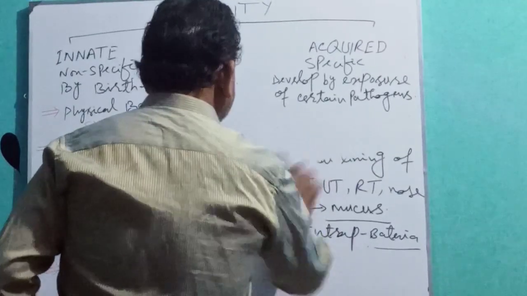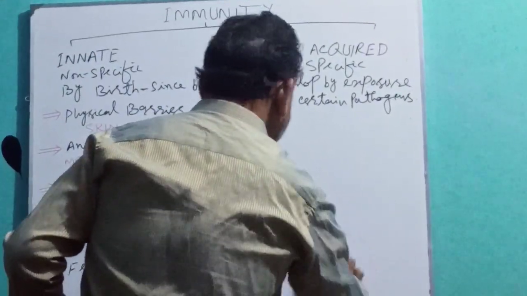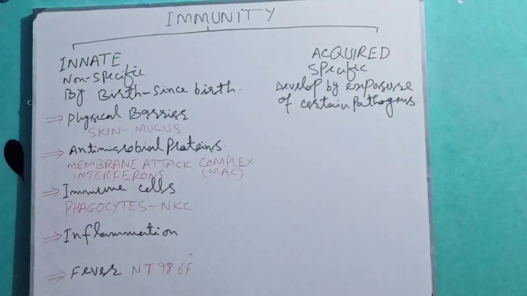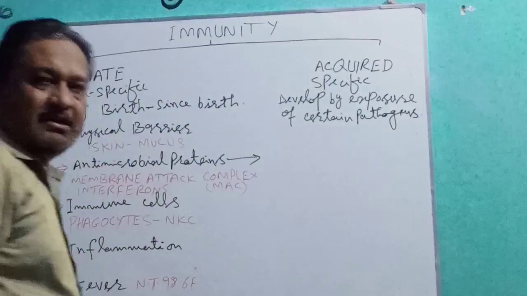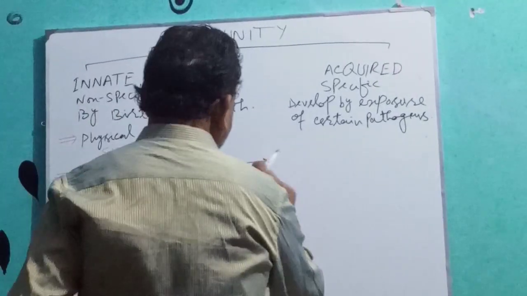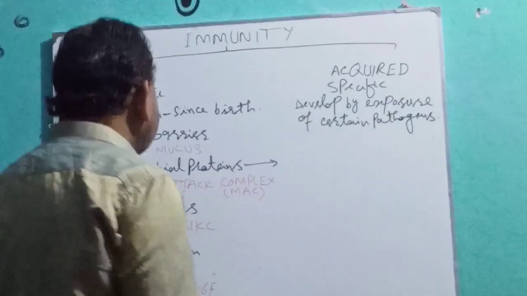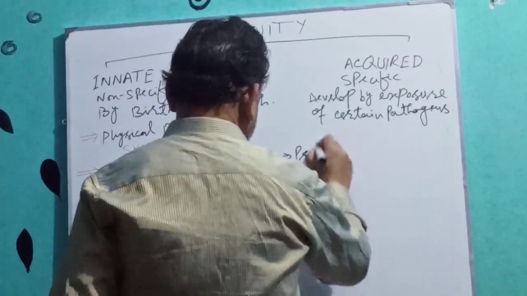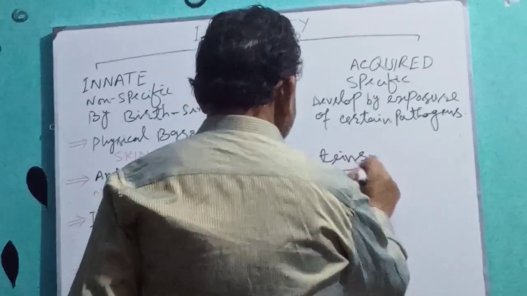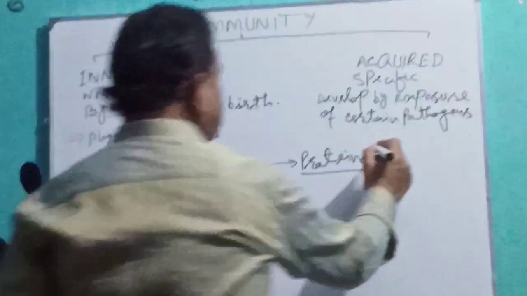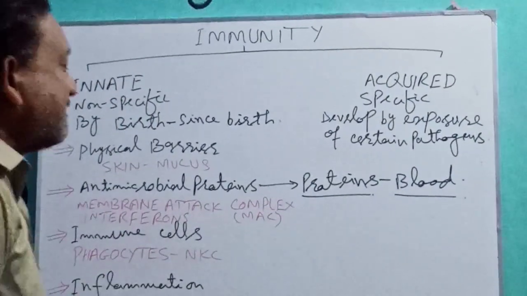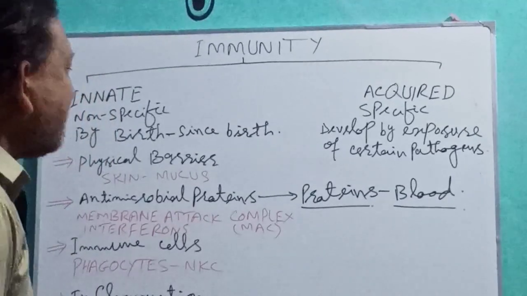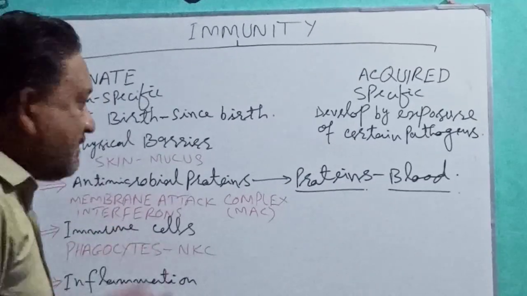Next we are going to study the antimicrobial proteins. The antimicrobial proteins are some chemical substances and proteins which are present in blood. In our blood, more than a dozen proteins are present, and they are antimicrobial.